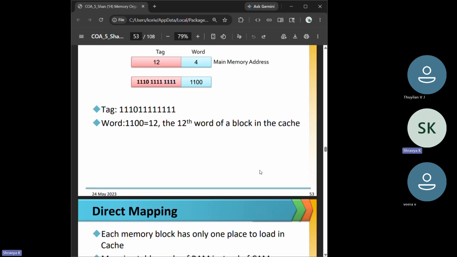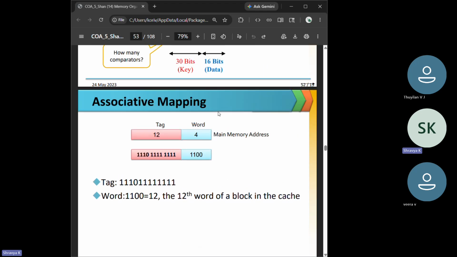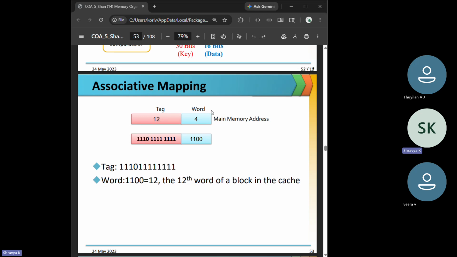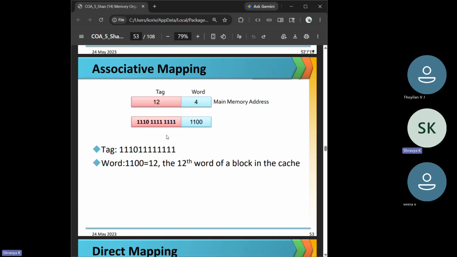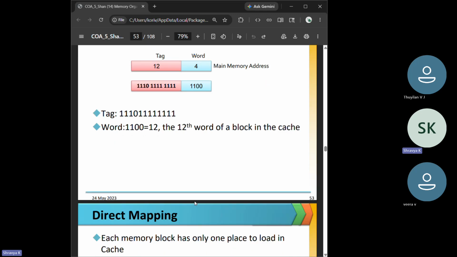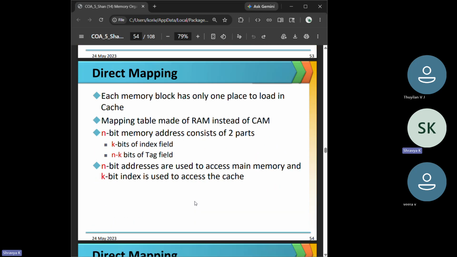So that is how associative mapping works. The tag is used for finding which block it is, and the word is to check internally within the block where the word is. Since over here the word is the 12th word, we will be looking at the 12th word within the block identified with the tag, right? So yeah, that is how associative mapping works.